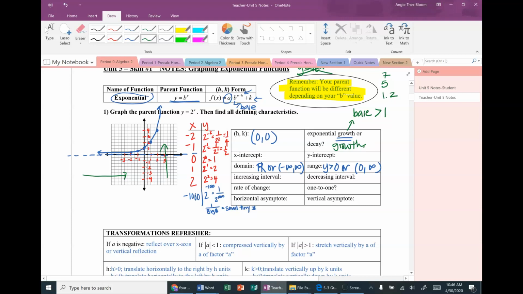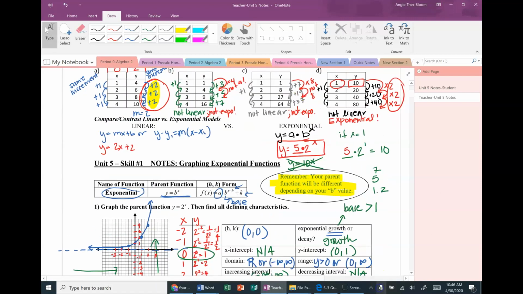X-intercept for the parent function, we do not have any, so we're going to say NA. Y-intercept is when x equals 0, so based on our table, it's (0, 1). It is definitely an increasing interval because it's a growth, so negative infinity to infinity. That means nothing is left for the decreasing interval. The rate of change varies, and let's talk about the rate of change really quickly.